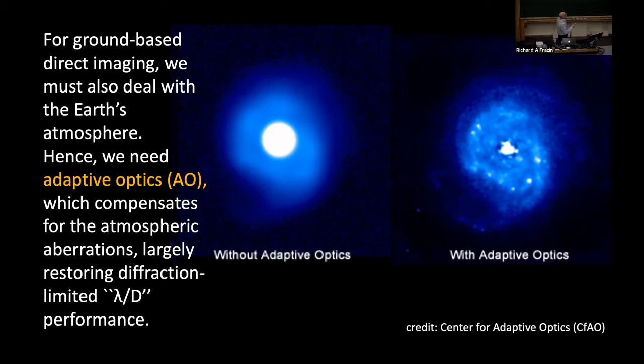Now, when you turn on the adaptive optics system and do that same observation, you see a far sharper picture. And that's because the deformable mirror is compensating for the atmospheric turbulence well enough that you're largely recovering the lambda over D angular resolution of the telescope, as opposed to being limited by the seeing.